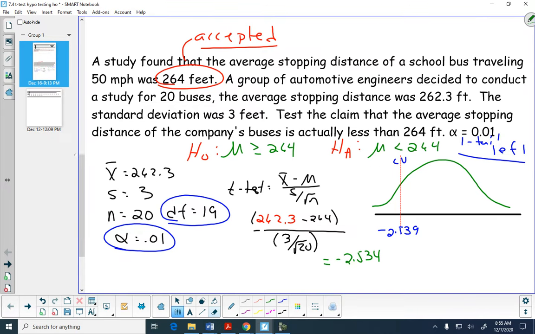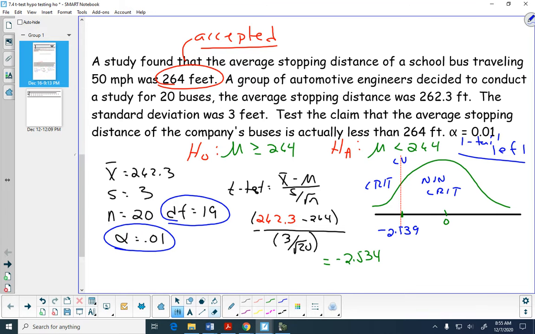I'm going to take it one more decimal point because this is negative 2.539. Well, here's my zero value here. We are right next to this critical value. This is non-critical. This is critical. So we fall just left or just right of that critical value.